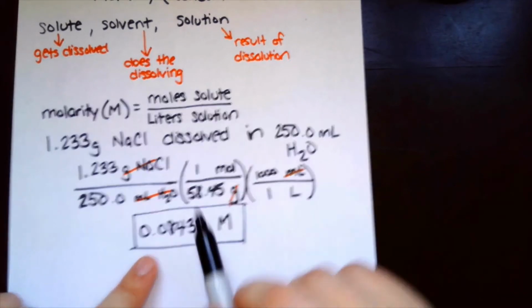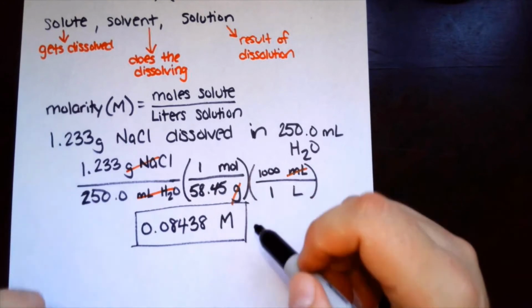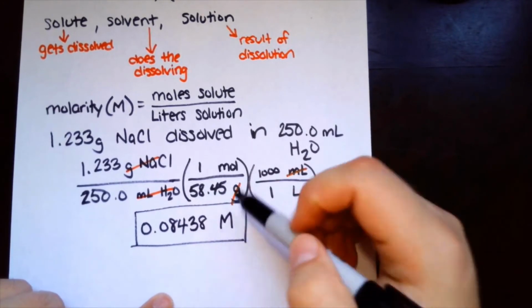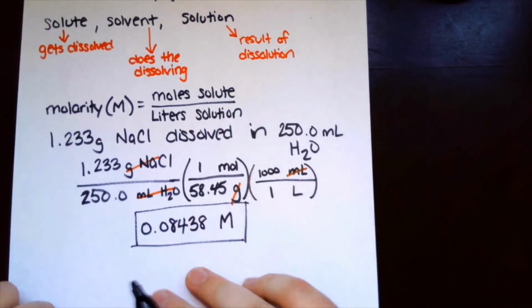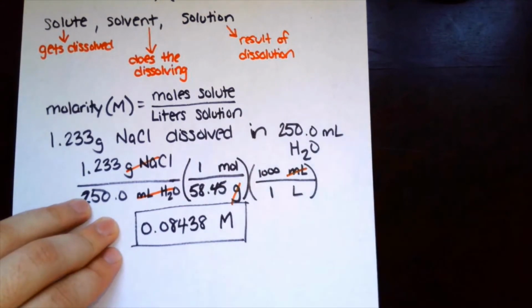And so that is 4 sig figs, because both of these numbers that we started with have 4 sig figs. And again, you wouldn't use anything in this conversion factor or this conversion factor. So that would be the molarity of that solution.